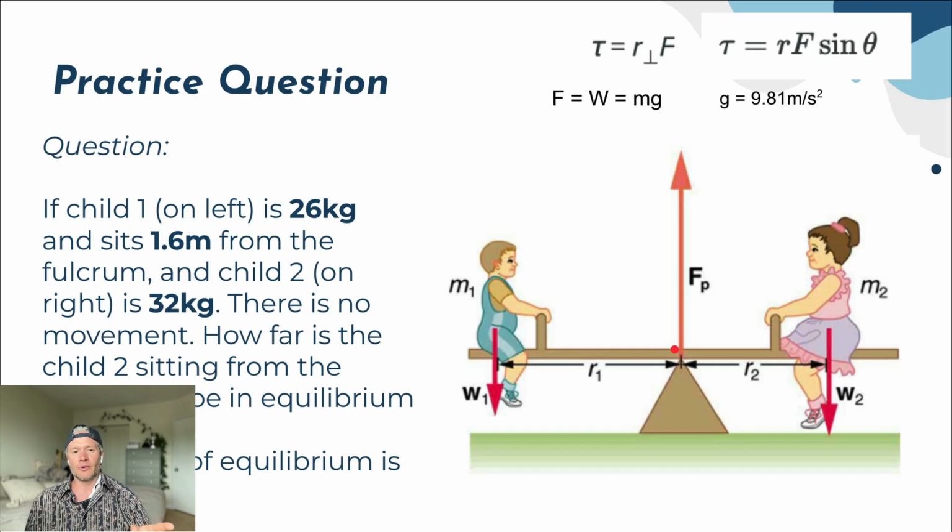Now, the big clue with this question is that these two are in equilibrium. So we know the torques and the forces involved in one direction, clockwise, let's say, are going to equal those in the counterclockwise direction.